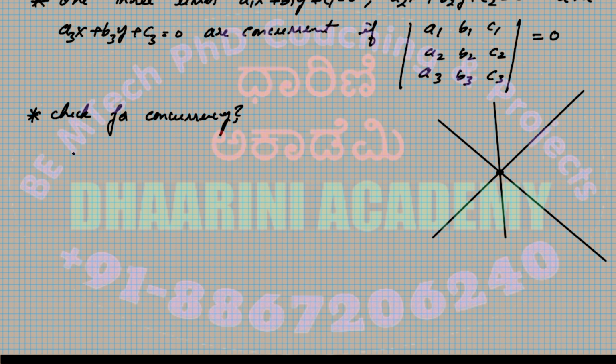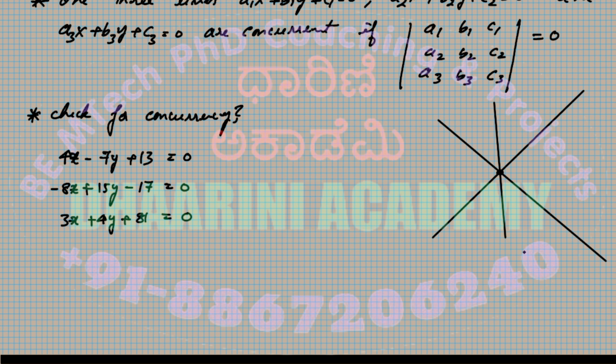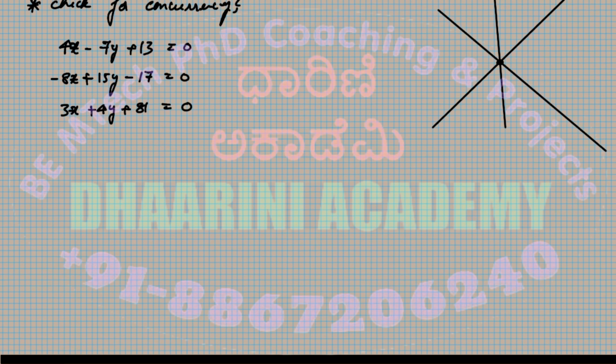So this is 4x minus 7y plus 13 equal to 0, minus 8x plus 15y minus 17 equal to 0, 3x plus 4y plus 81 equal to 0. I just have to find the determinant and check whether it is 0 or not. If it is 0, the answer is yes, otherwise it is no.